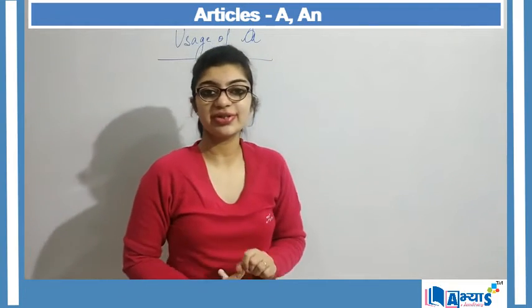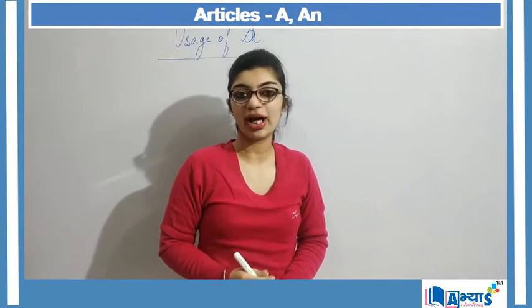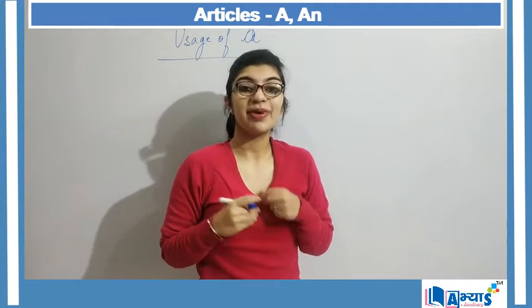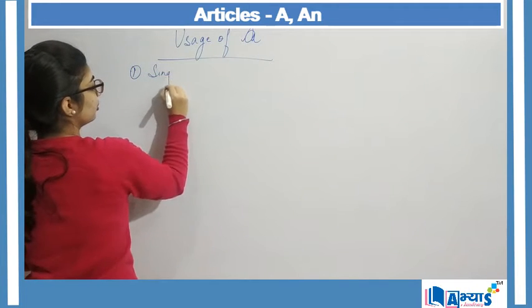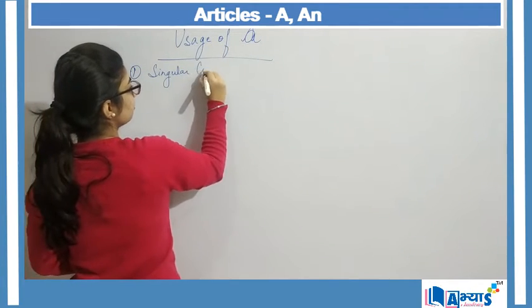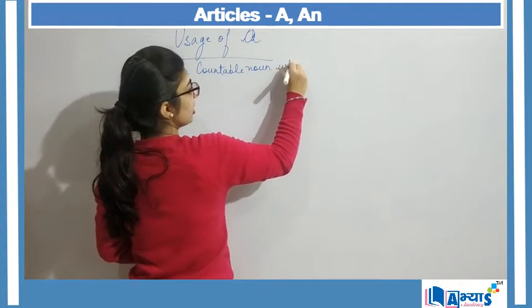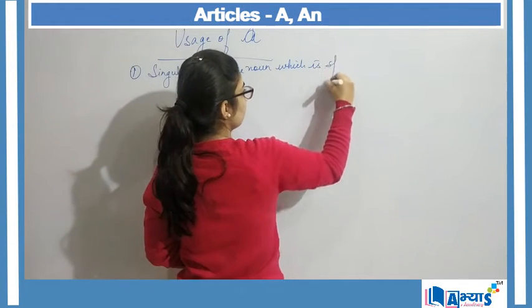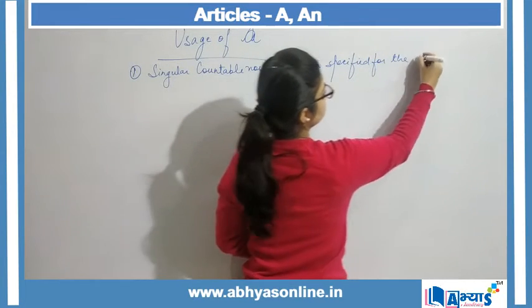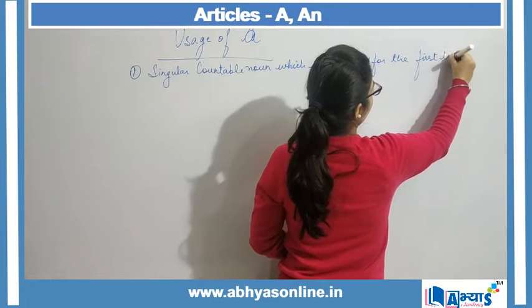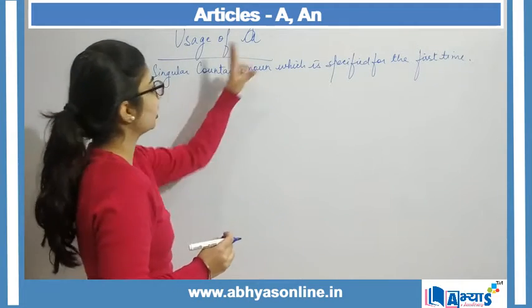Now first usage is that this article is used for a singular countable noun which is specified for the first time. Now whenever a noun is specified for the first time, then we will be making use of a.